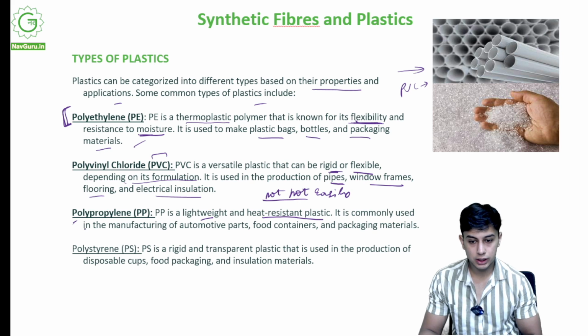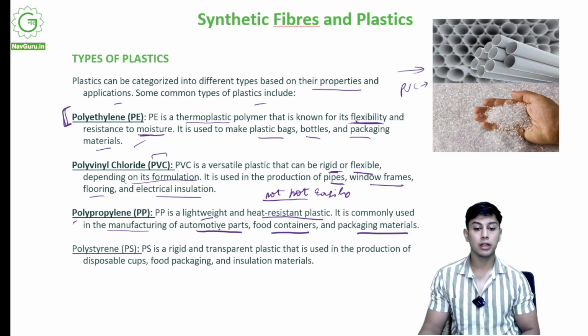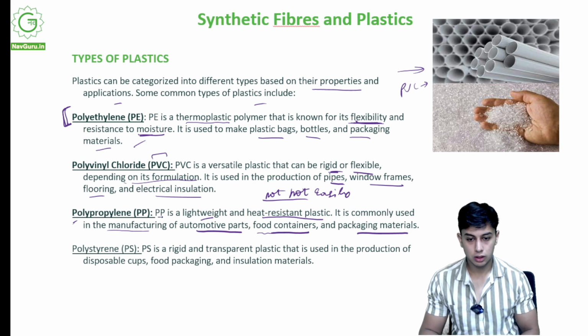It is commonly used in manufacturing of automotive parts, food containers, packaging materials. Why? Since it is lightweight, I need my package to be light, not very heavy like steel. I want it not to react with anything. Plastics do not react. I want it to be heat resistant so that the hot food inside does not become cold. So I need PP.